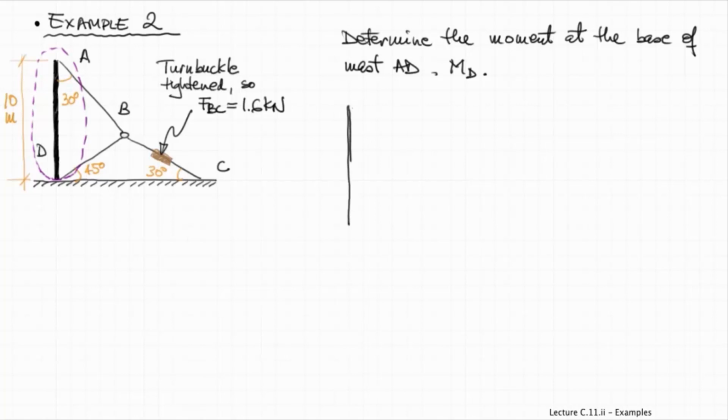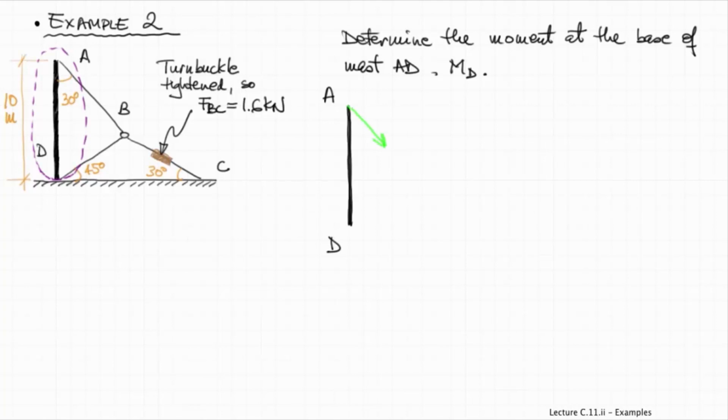So we've done 3 cuts. And for all these 3 cuts, in the free body diagram of the mast that I'm going to draw now, we have to replace what we removed by cutting in 3 locations.